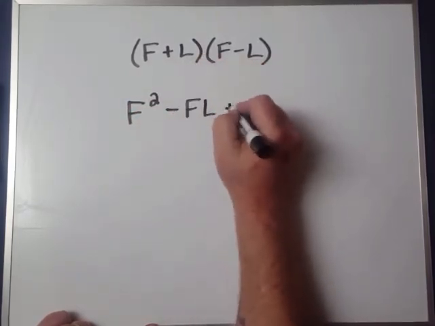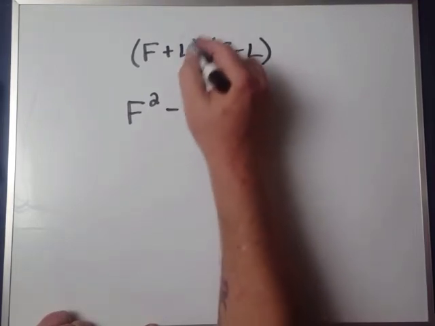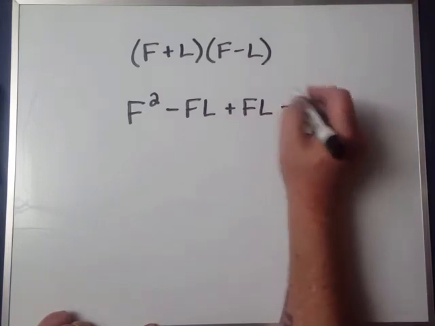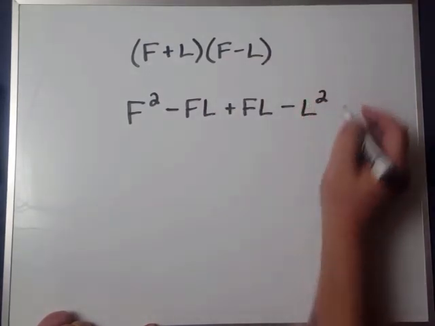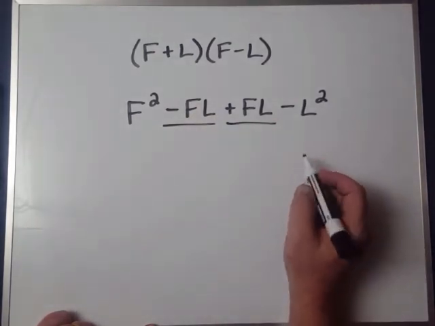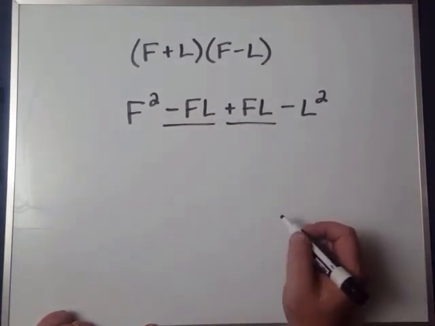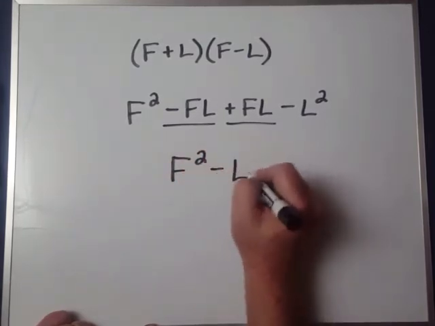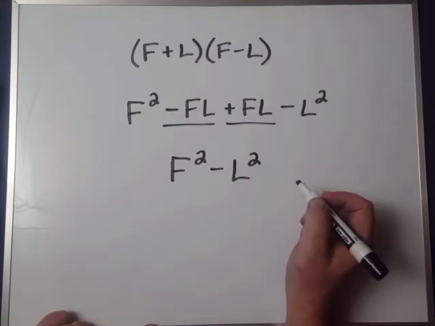The inside, plus FL. And product of the last, watch your signs, positive L times negative L is minus L squared. And just as we expected, these like terms in the middle are going to subtract out to leave me the first squared minus the last squared.